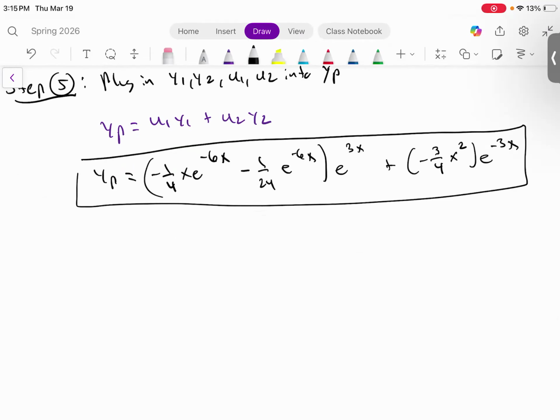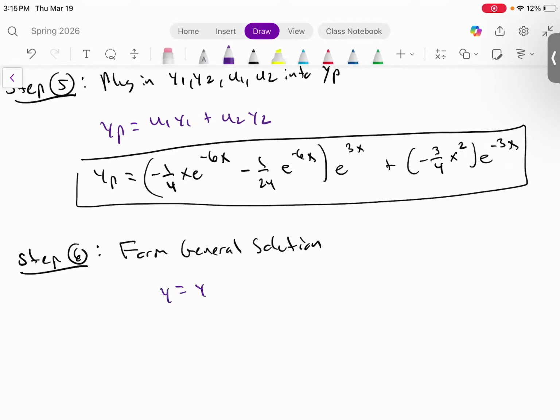All right, so now we have my particular. Let's wrap this up for our general solution. So step 6, form general solution. Okay, and so the general solution is y equals the complementary plus the particular.